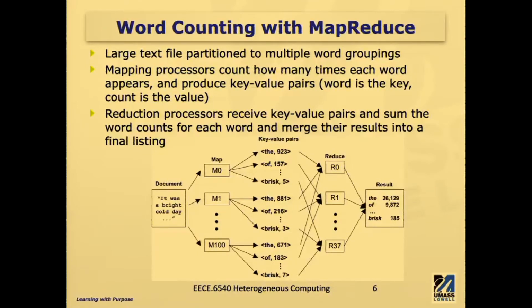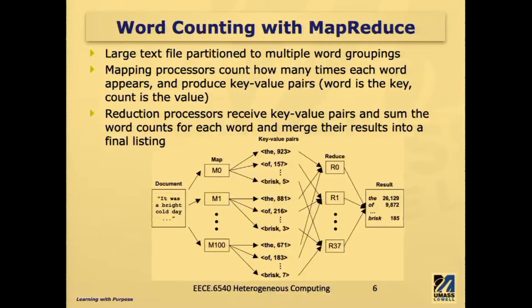This processor will look at the list of keywords that we are interested in to count the number of occurrences. Then it will produce these key value pairs. It depends on how many interesting words we would like to count. Now, these key value pairs may not have all the keys, because it may happen that this piece of document that this processor is searching does not have the word brisk.